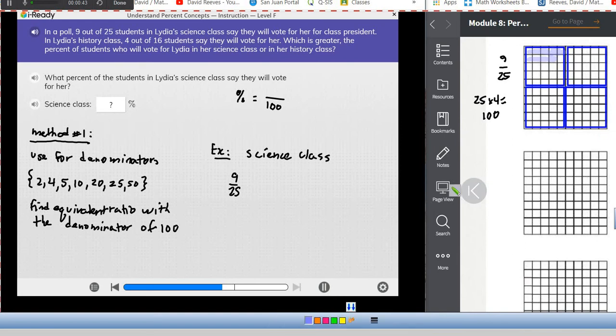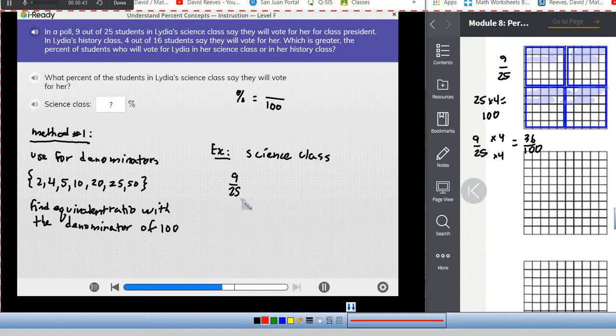So if I make 4 copies of that original ratio, 9 to 25, I now have filled the entire 10 by 10 grid. So what do I have? I have 9 25ths, and I did times 4 of those 9s and 4 of those 25s, and what did I end up with? 36 over 100. 9 times 4 is 36.